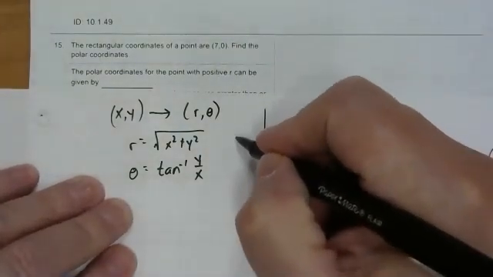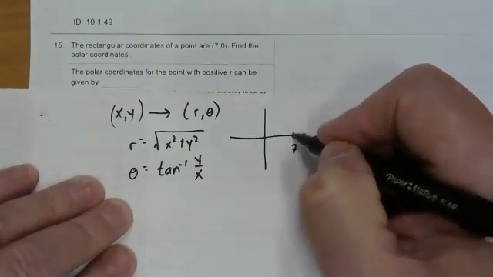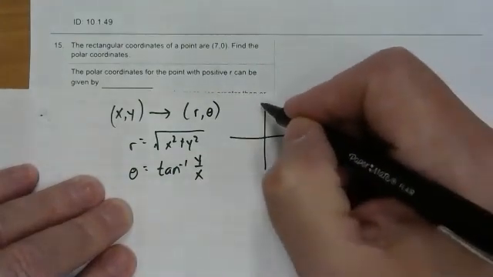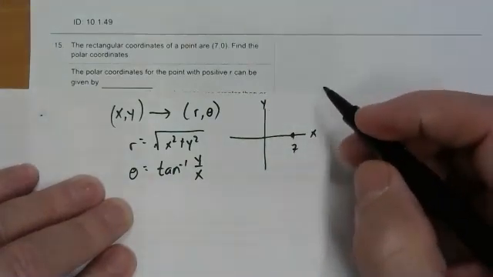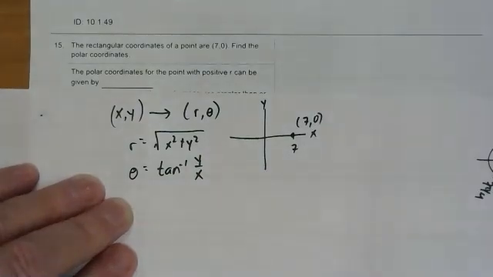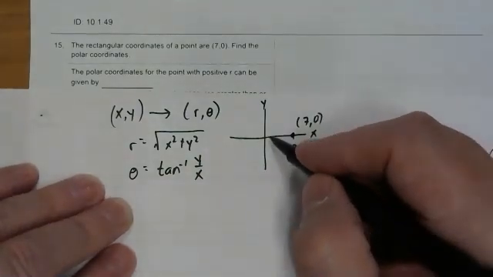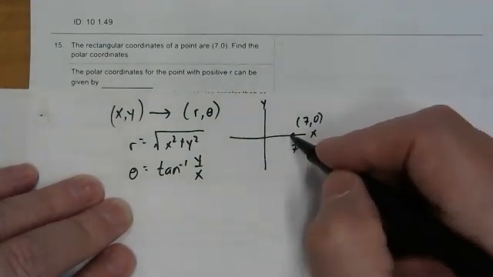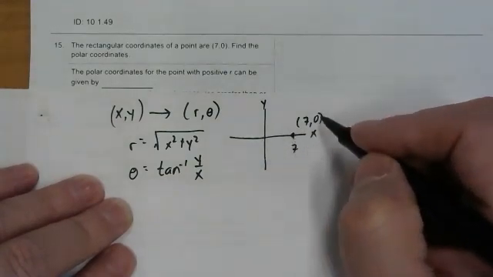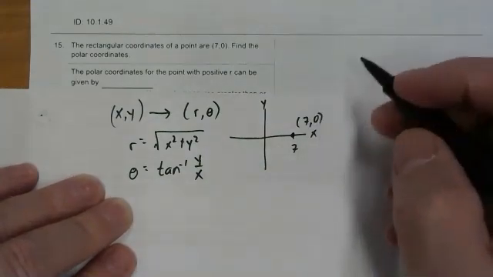So in other words, 7, 0. It's right here. All right, so that's the point 7, 0. So what would that be in polar coordinates? Well, obviously, the distance is 7, and what's the angle? The angle is 0.